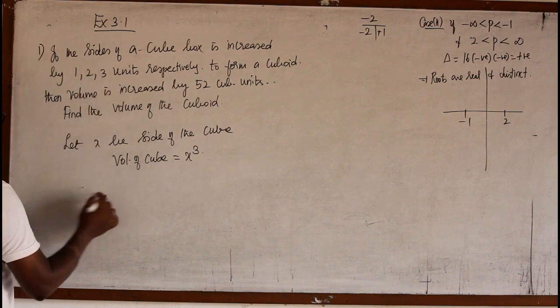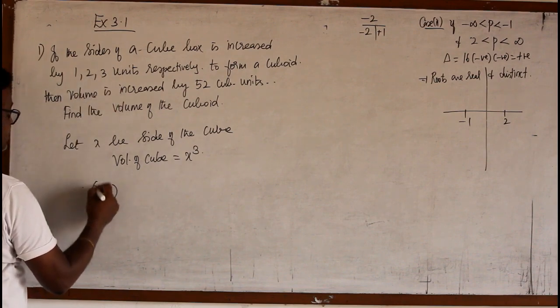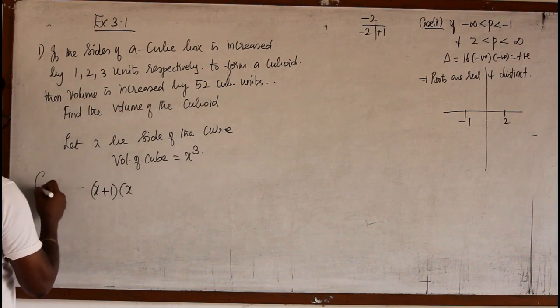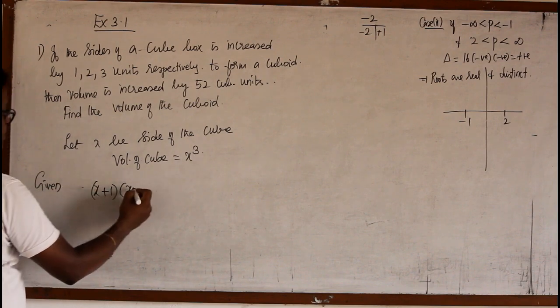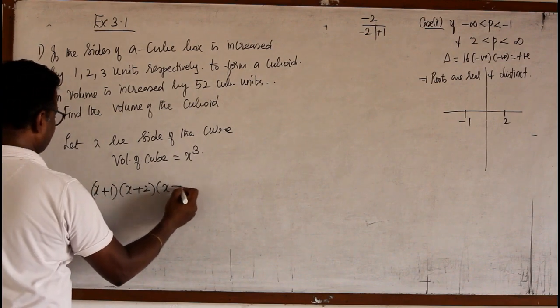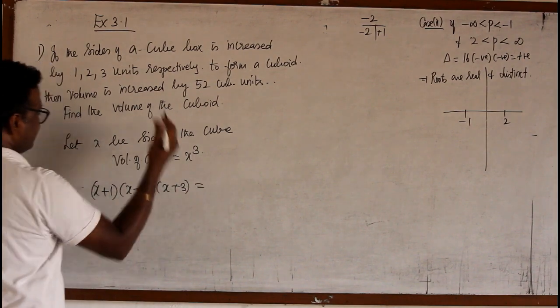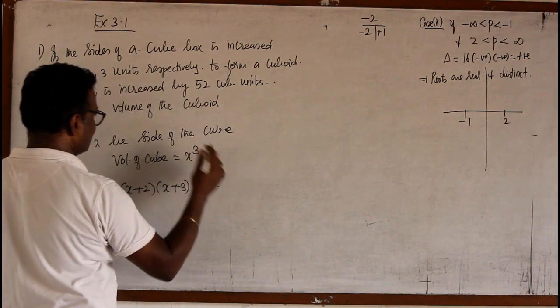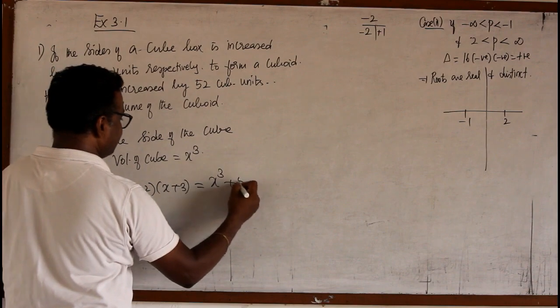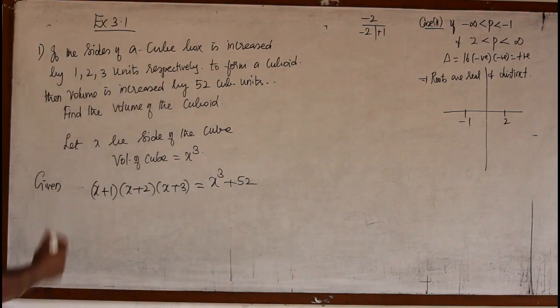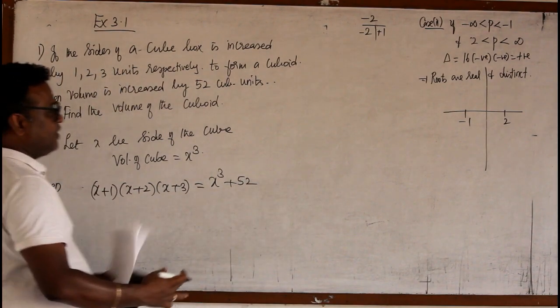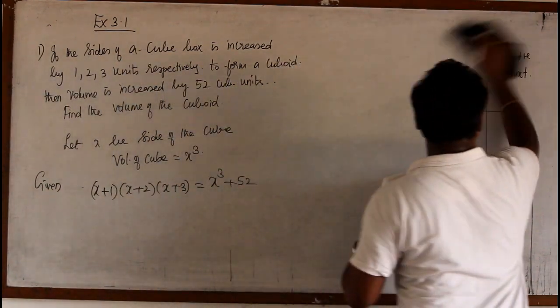Then the volume becomes (x plus 1)(x plus 2)(x plus 3). Originally it was x cube, and it is increased by 52. This is the case given. So we shall try to find this x.